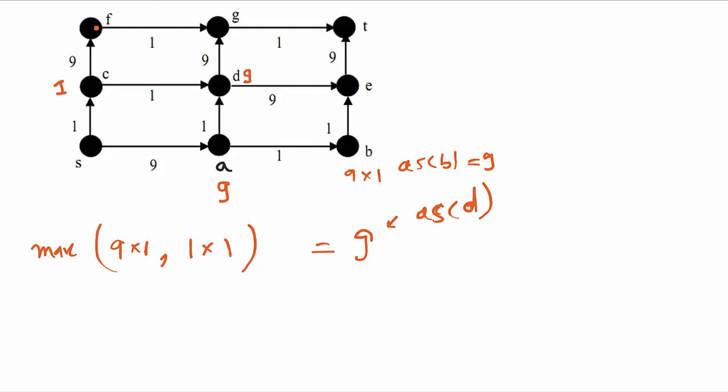Similarly, the quality score of F is also 9. So I have found the quality scores of A, B, C, and F. What about the quality score of G?